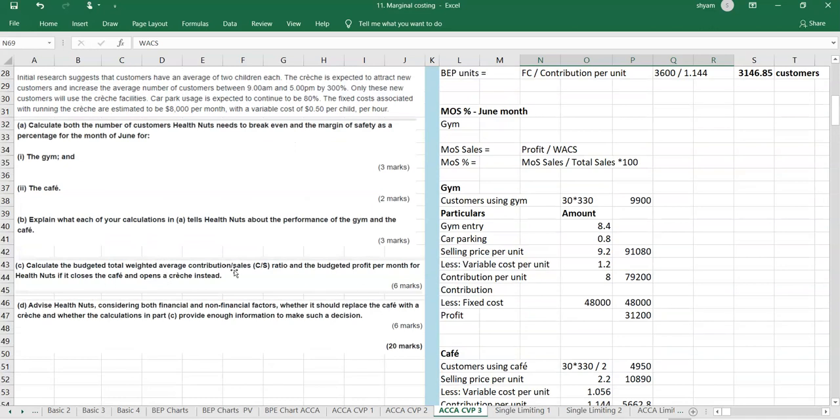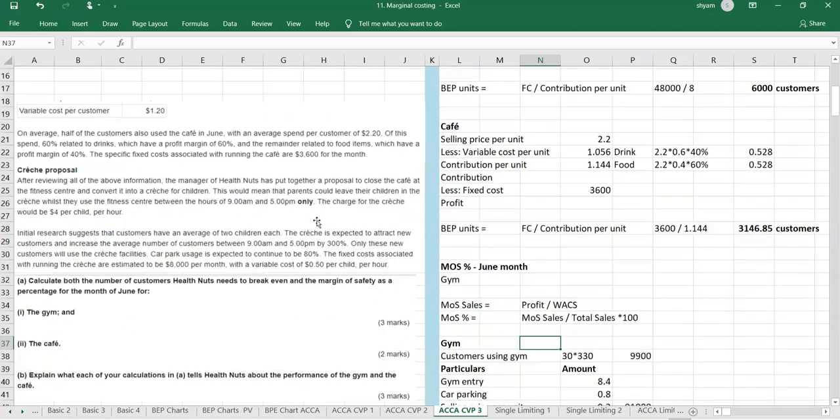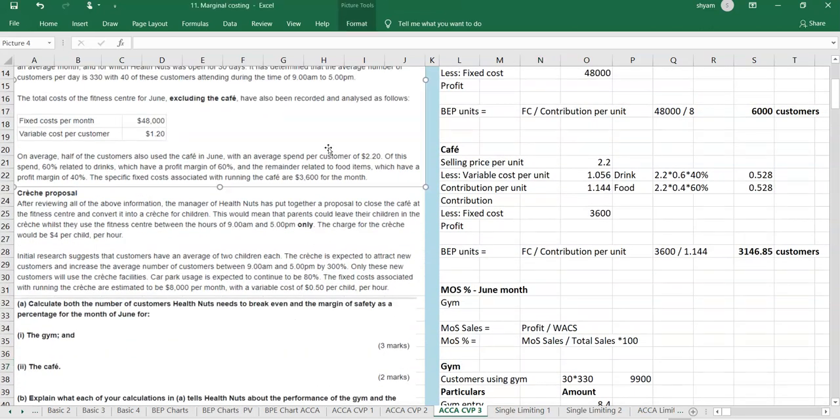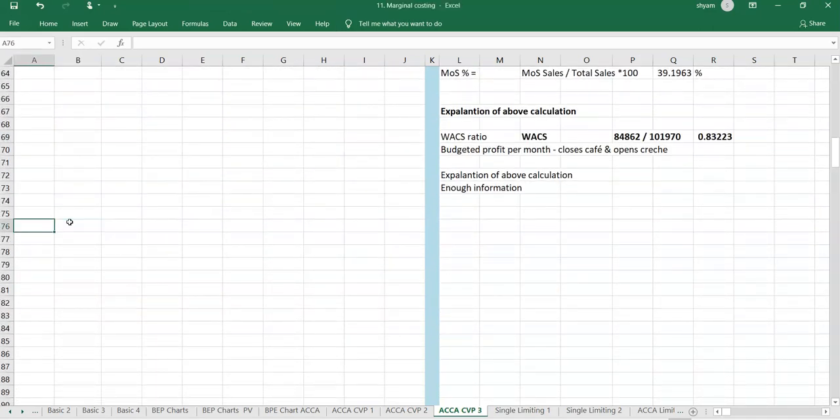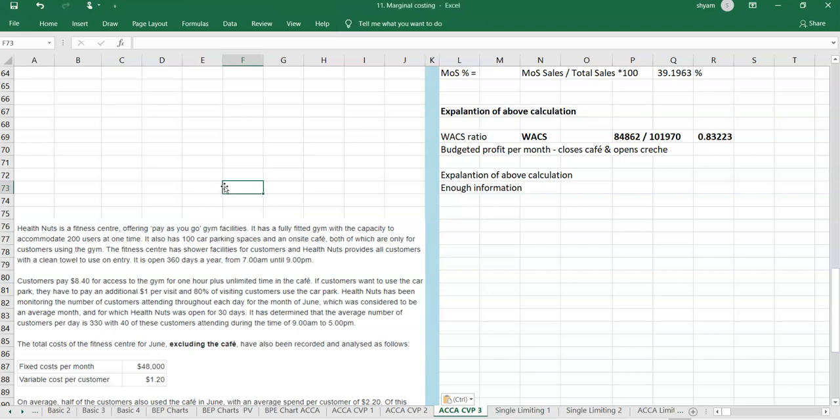CS ratio, we have found that. And the budgeted profit per month for Nuts if it closes the cafe and opens the creche. So what would be the profit if the company is going to close the cafe and open a creche? That's another kind of question. So we'll do this in a lower part, because there are already too many questions here. So we'll start.